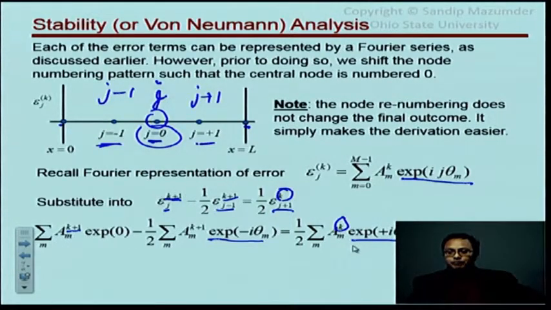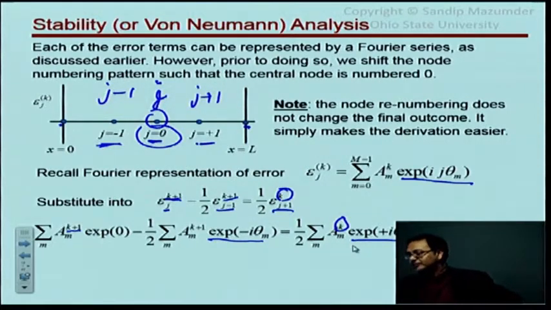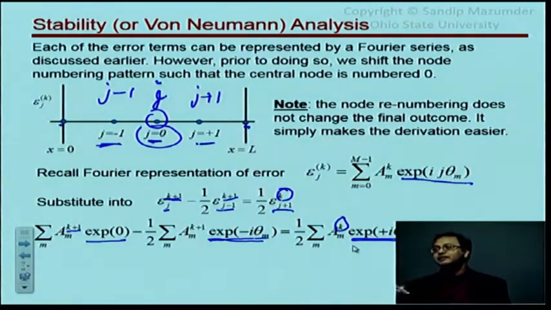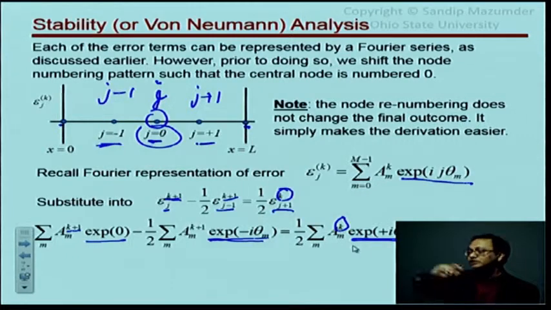Now if I didn't shift the index, here I'm going to get e to the power i j theta_m, here e to the power i (j minus 1) theta_m, and e to the power i (j plus 1) theta_m. What you will find is that e to the power i j theta_m just cancels out, and you'll be left with this equation.